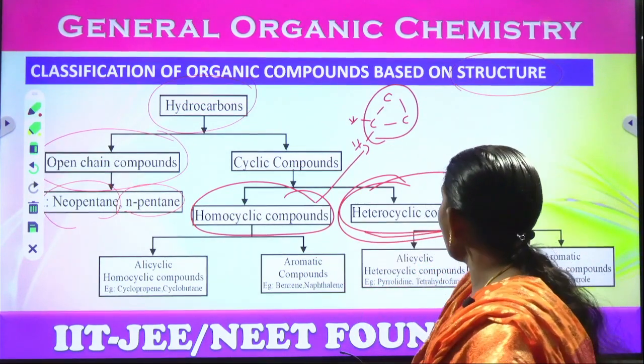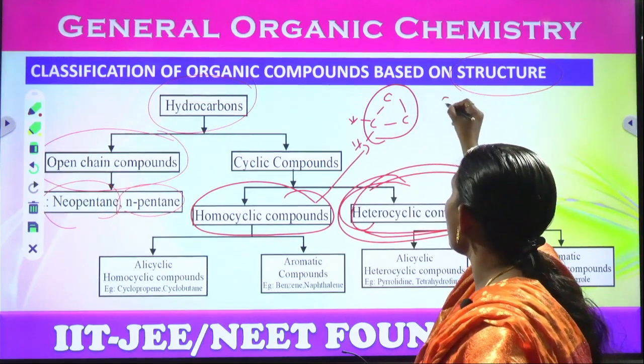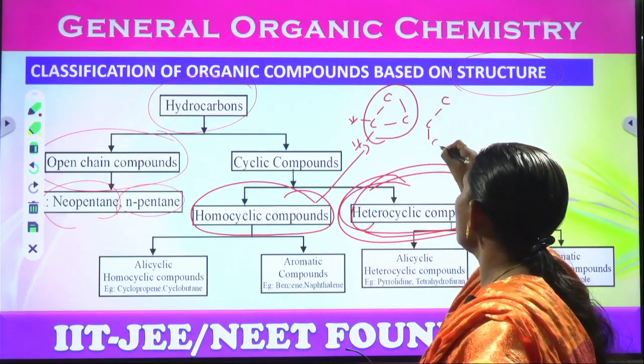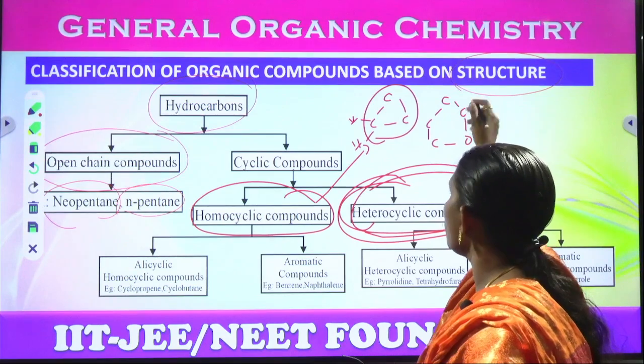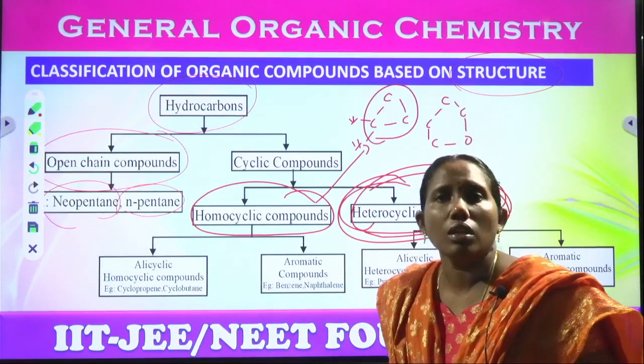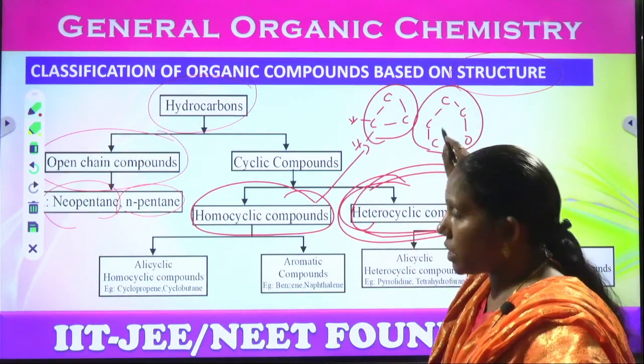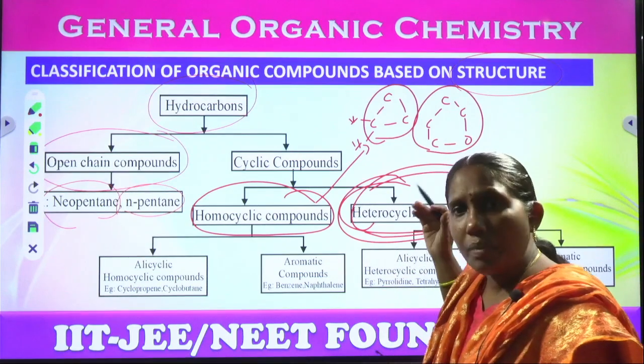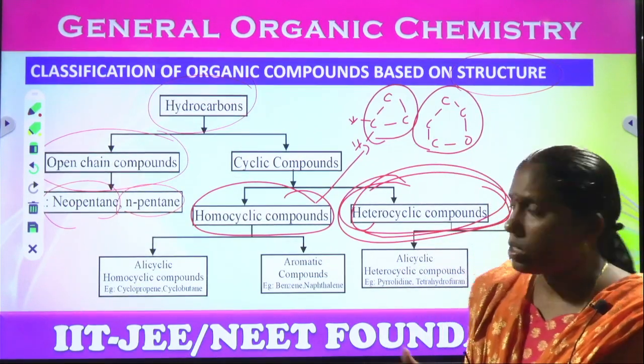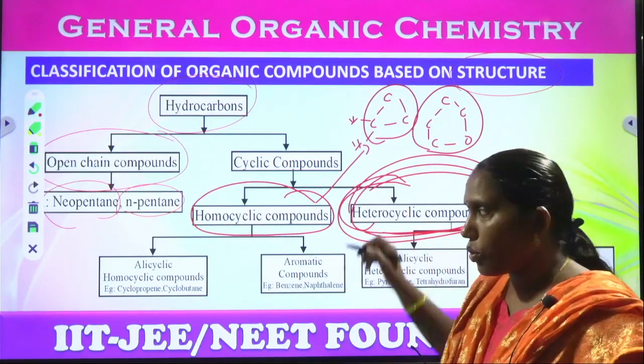So heterocyclic compounds means some other atom, some oxygen or some sulfur, some hetero atom will be present in the ring. Hetero means other than carbon and hydrogen. So those are called heterocyclic compounds.